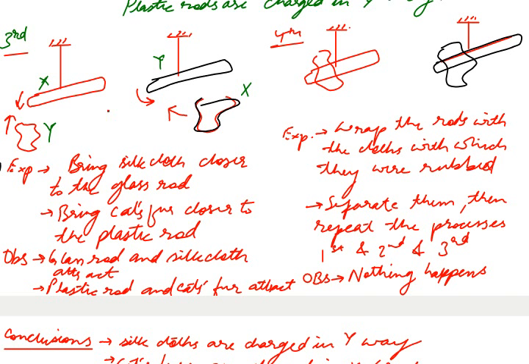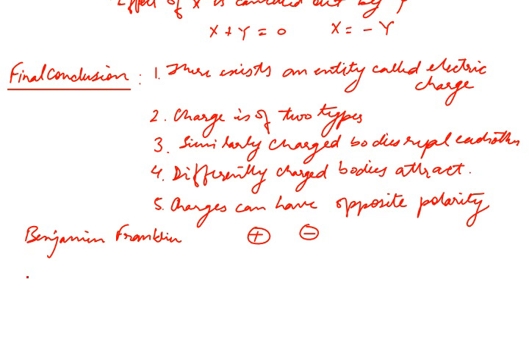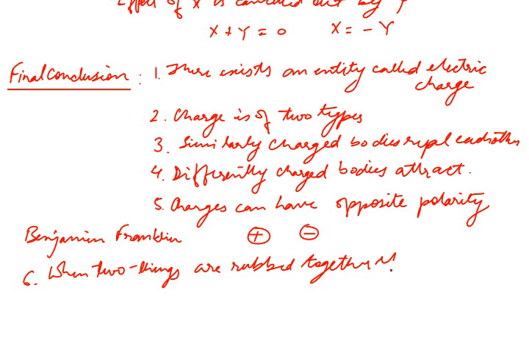So, the sixth conclusion: when two things are rubbed together, if one gets positive charge, then the other will get negative charge because they attract.